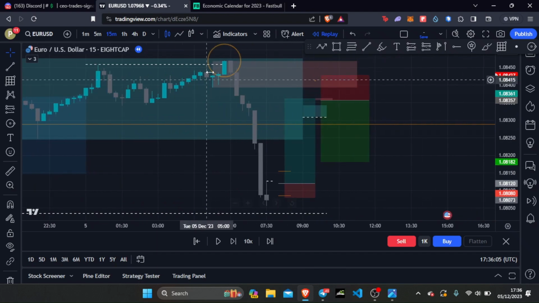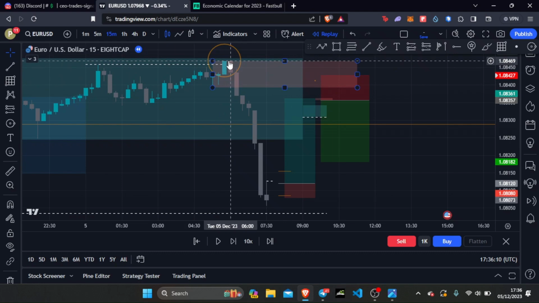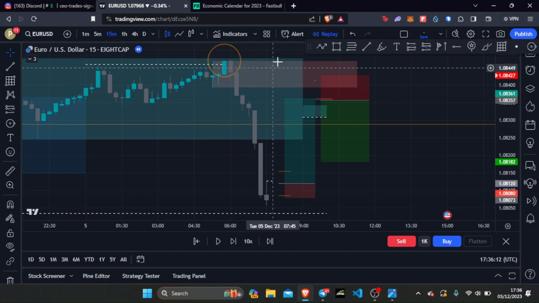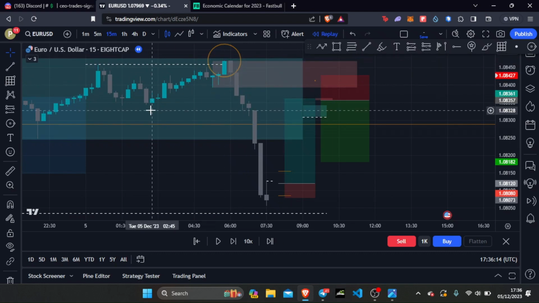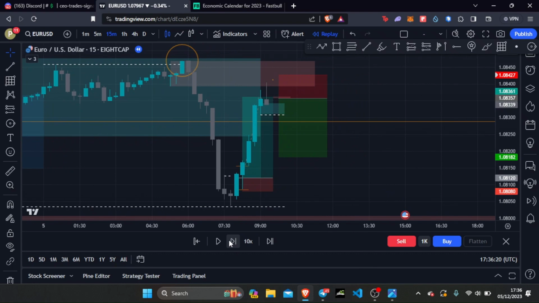So now that we've identified our order block, which is where price took out this liquidity, we now wait for price to actually come back so that we can start looking for an entry. If I play price forward, we can see that the Asia lows were taken out and then price came up into this order block right here.